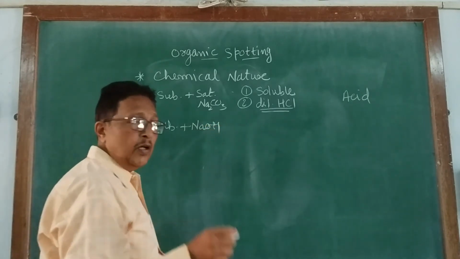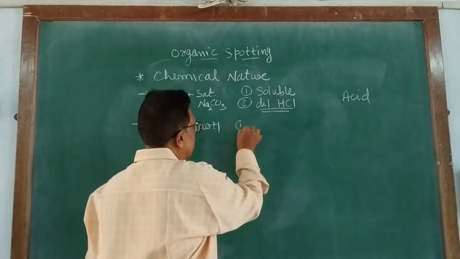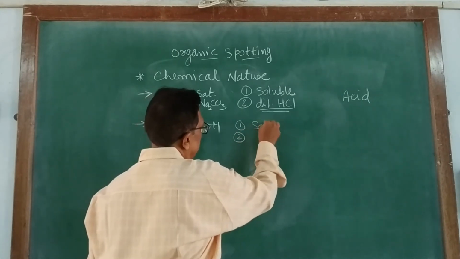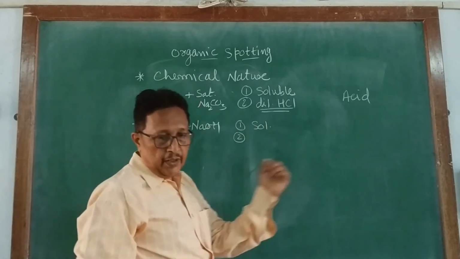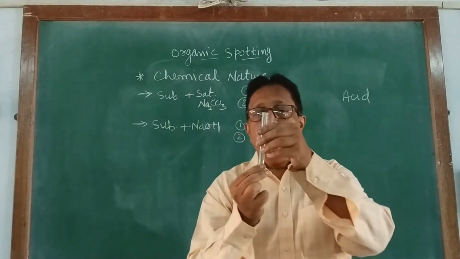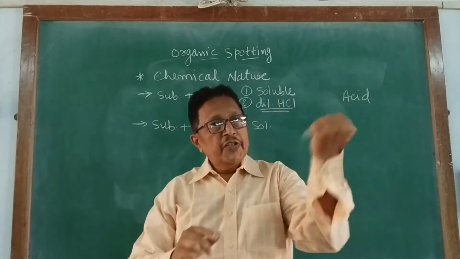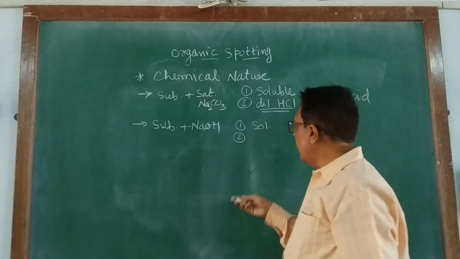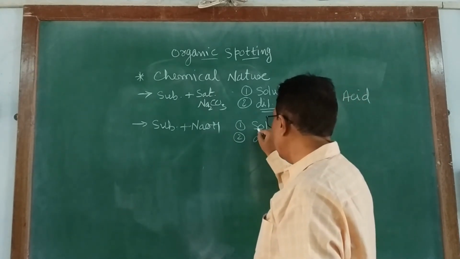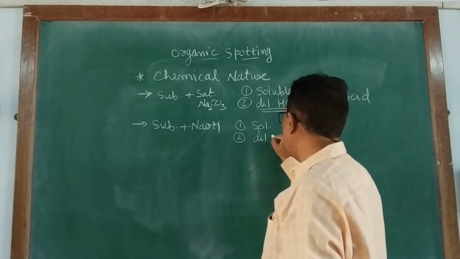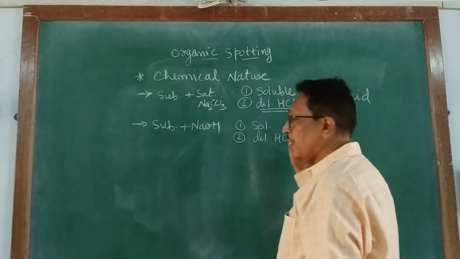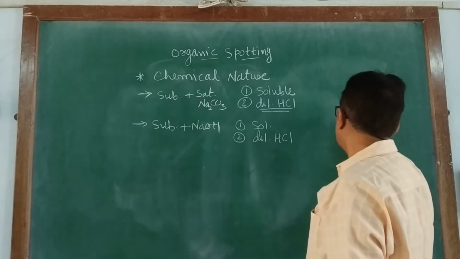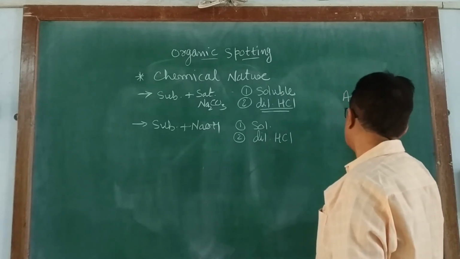Same way, here also two possibilities are there. One is soluble. When you take the substance, add NaOH, shake it well. If your substance is soluble, then only you have to add dilute HCl, and after adding dilute HCl, if precipitates are there, then phenol is present.